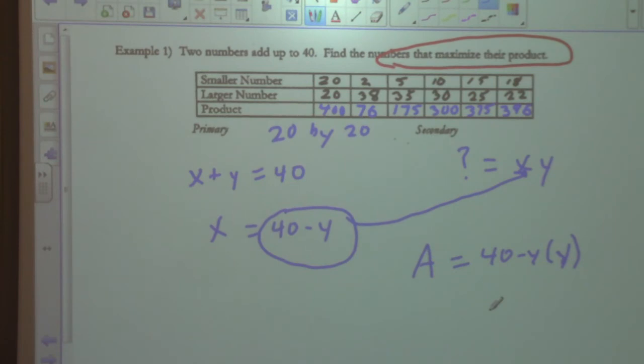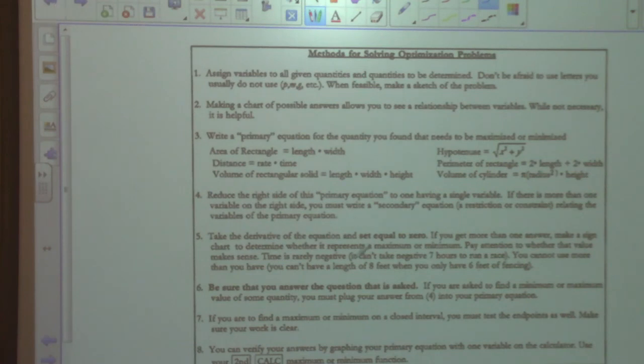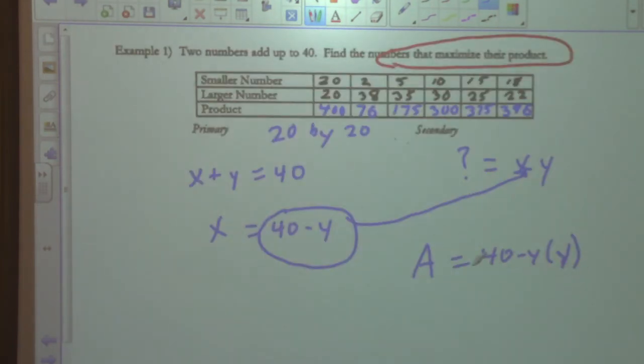We're trying to maximize, so we found our equation here. So we come back here to our steps. Okay. So let's go here and do this. So what is going to be our derivative and set this equal to 0?